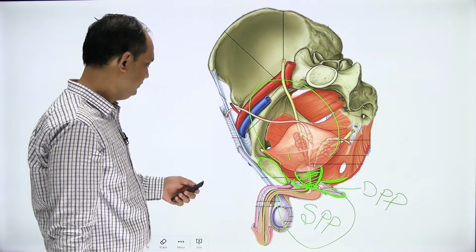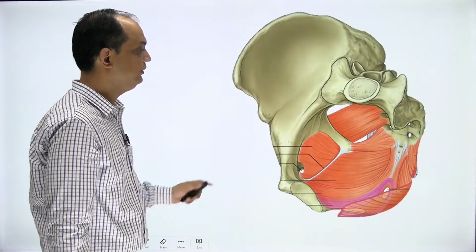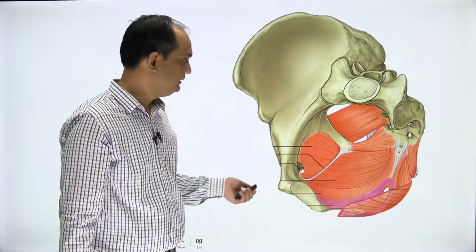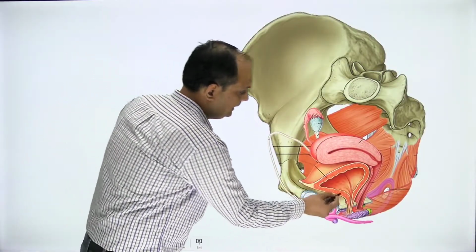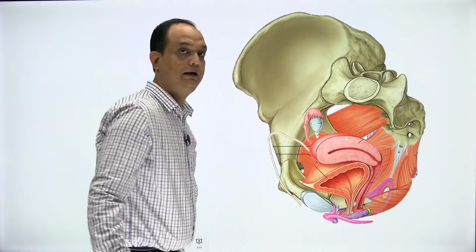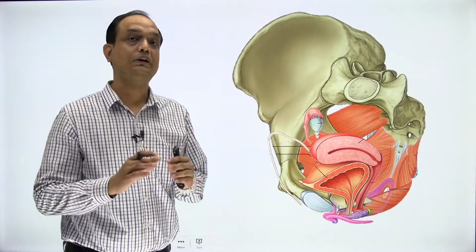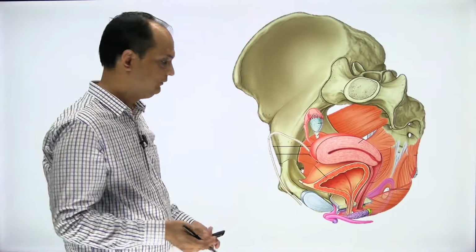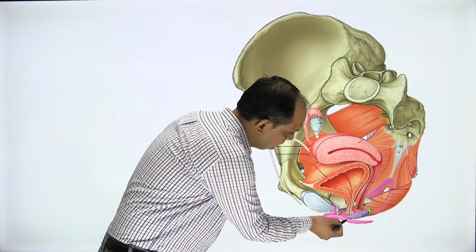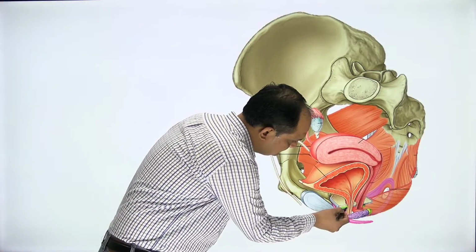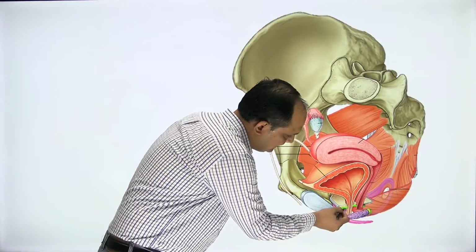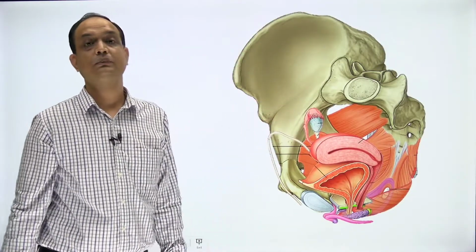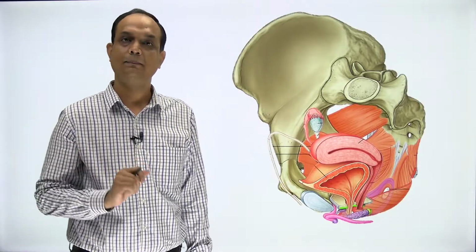Clear? Now when you will see the female pelvis, you have the urinary bladder, and as we know, there is no prostate. So what will happen? The length of urethra is also small, and this urethra here you can see pierces the perineal membrane, and immediately it will enter into the superficial perineal pouch.